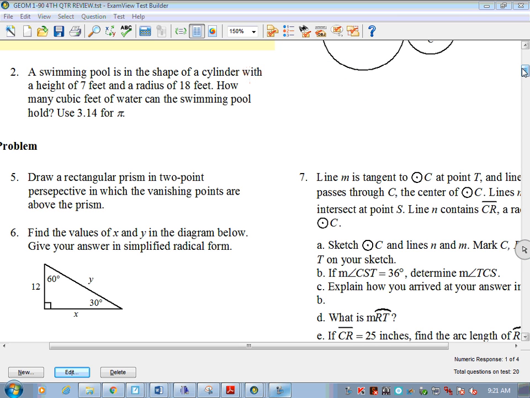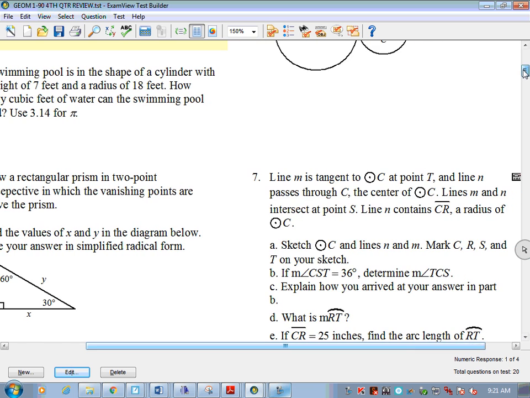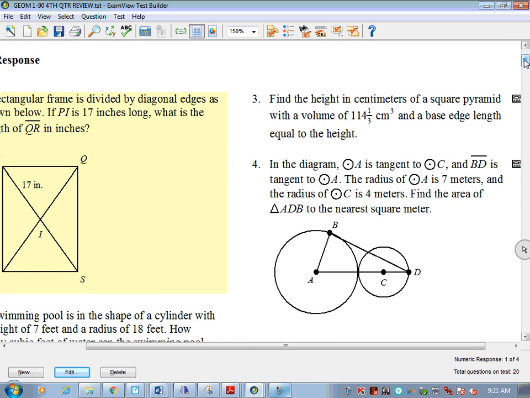All right, number 3. We want to find the height in centimeters of a square pyramid that has a volume of 114 1/3 centimeters cubed and a base edge length equal to the height. Interesting. So square pyramid, something like this, and we want to find the height.